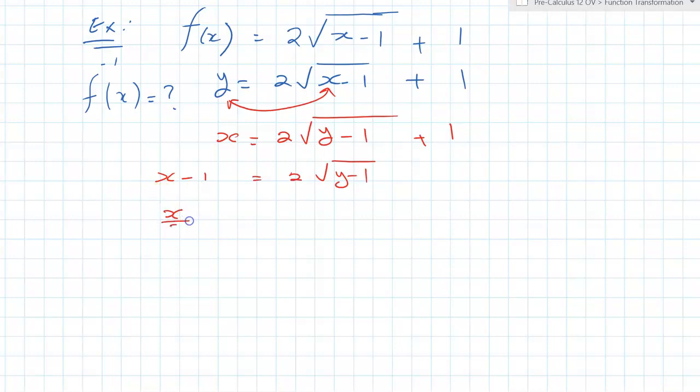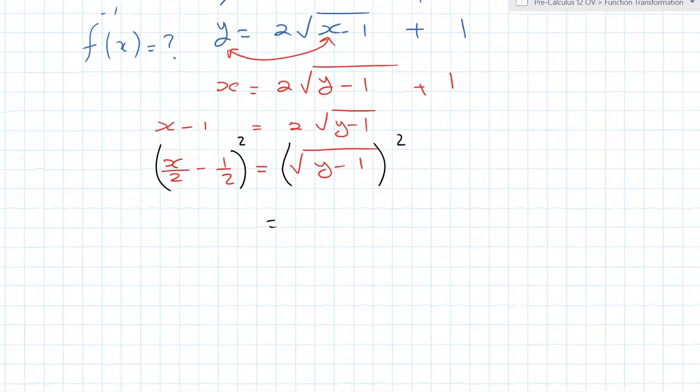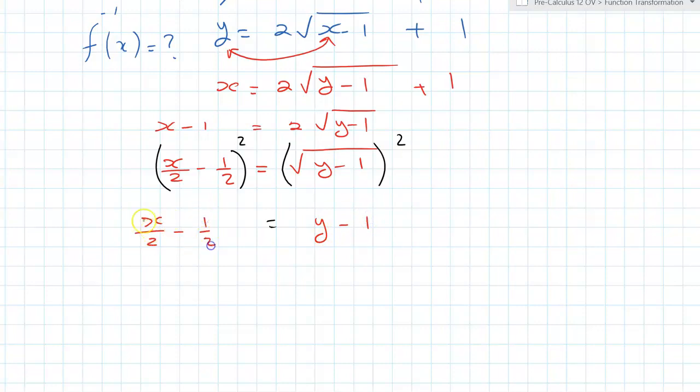So that would be x over 2 minus 1/2 equals the square root of y minus 1. Then you have to square both sides, because you want to get rid of the square root and get y on its own. You get y minus 1 equals (x divided by 2 minus 1/2) all squared.